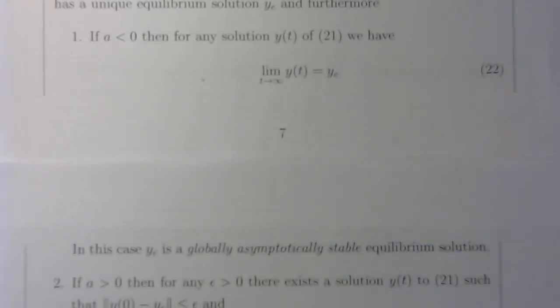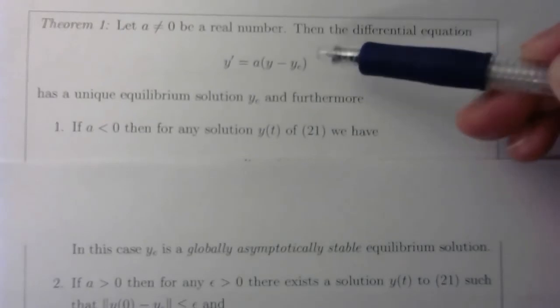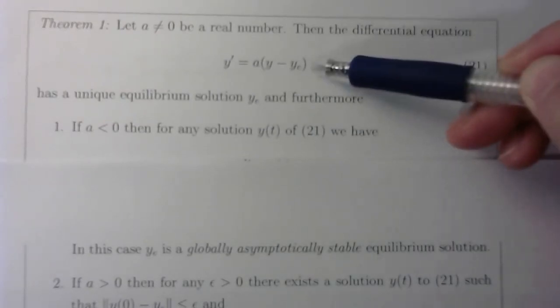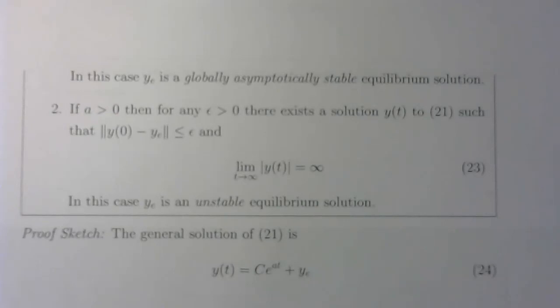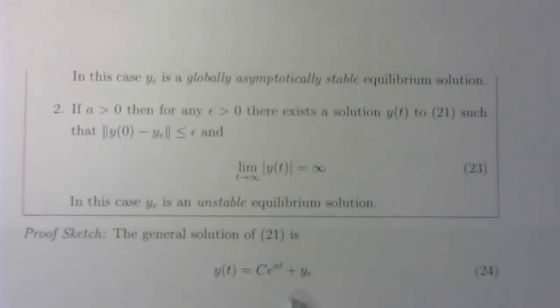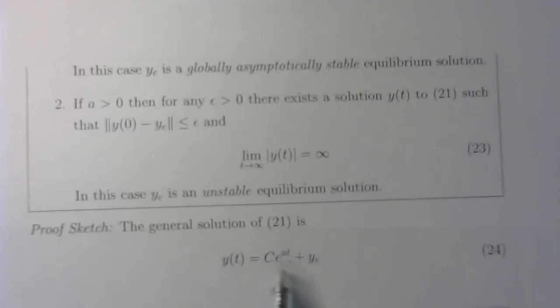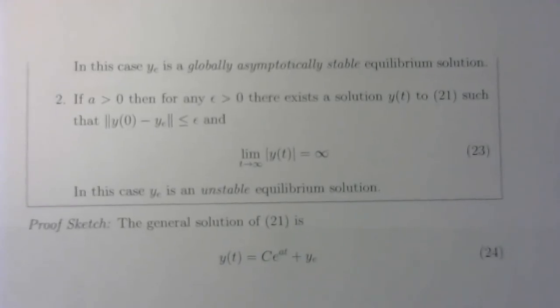So when I have this simple linear form of a differential equation, all that matters is the sign of A. Why is that? For that differential equation, I can explicitly write the solution. This is the solution. If A is negative, this term vanishes as t goes to infinity, and the whole solution goes to YE. If A is positive, this term blows up. It's pretty simple to see.